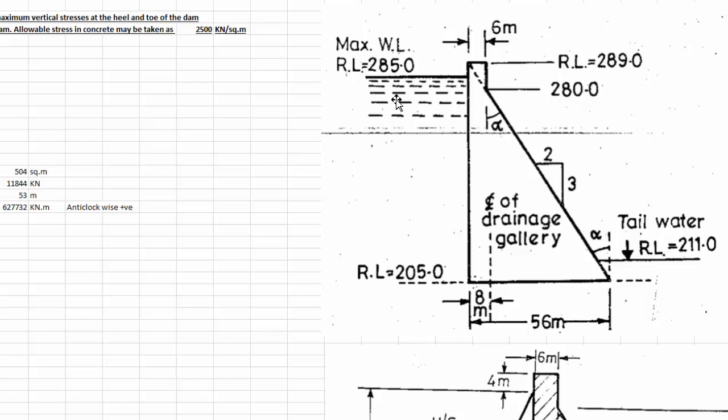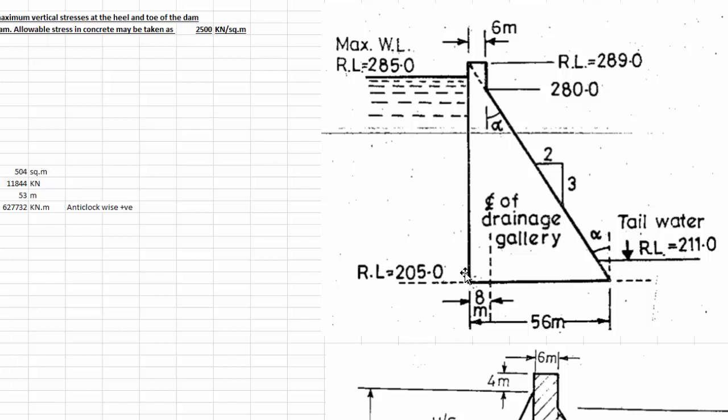Now, first of all, I am considering the self load of the dam, and by self load of the dam I mean the total weight of this structure itself. You see, we have to calculate the load of this dam. Again, remember that although it's not required in this numerical, we are also going to calculate the moment arm of all these forces about the toe of the dam.